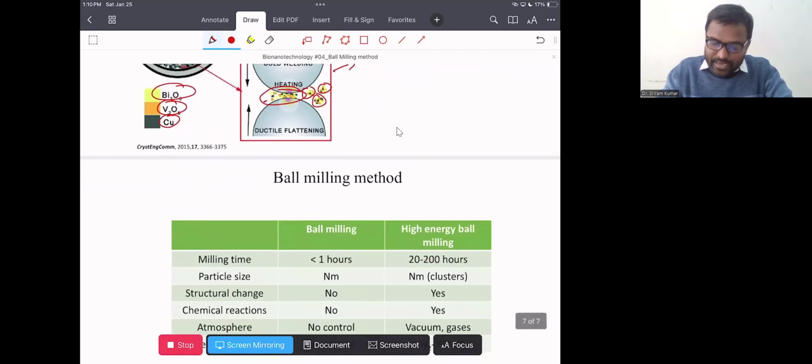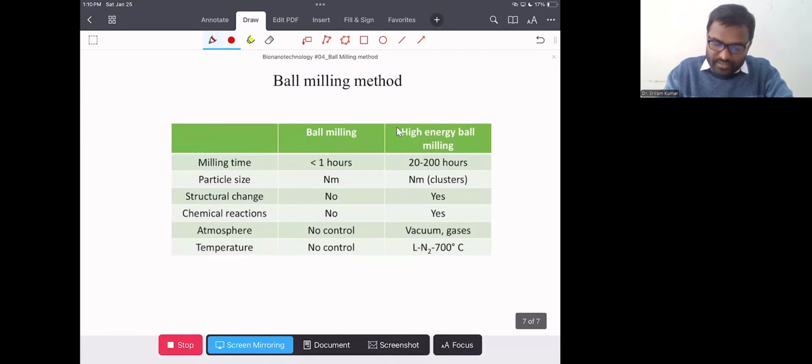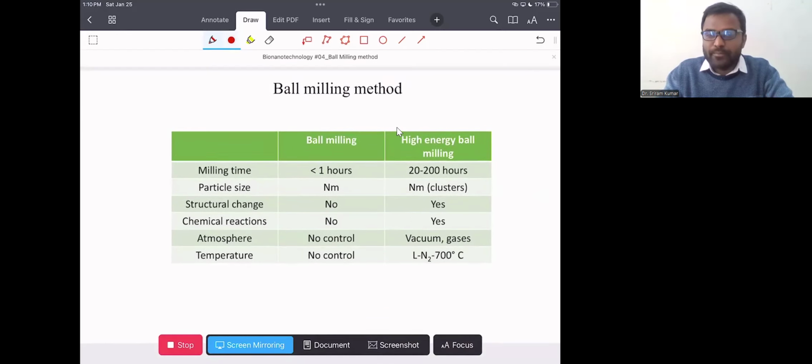So now let's understand the key differences between the normal ball milling method and the high energy ball milling method. In the normal ball milling method, the milling time is very short, less than 1 hour.